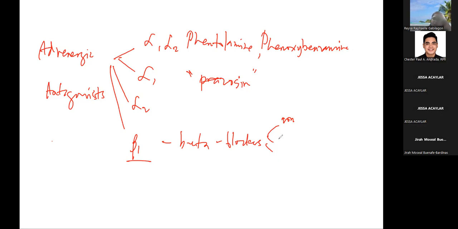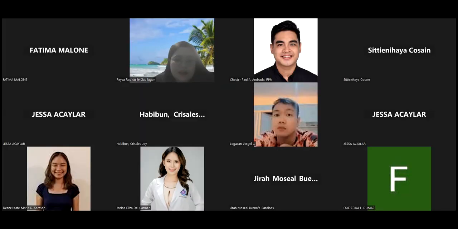So yun yung last na classification of our beta blockers. But we don't really have inhibitor of our beta-2, no? Kasi if we inhibit beta-2 receptors, then that would mean bronchoconstriction. And mahirap yun siya. As well as the beta-3. So yun lahat yung ating mga adrenergic antagonists.